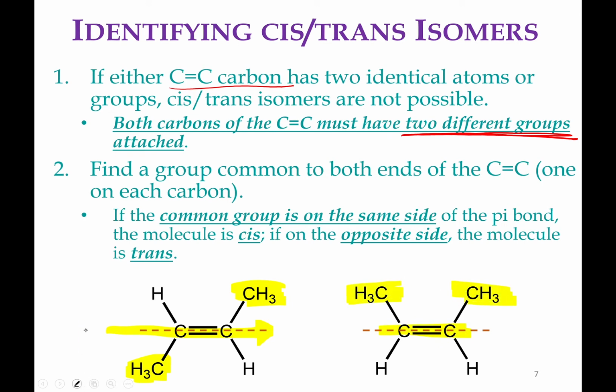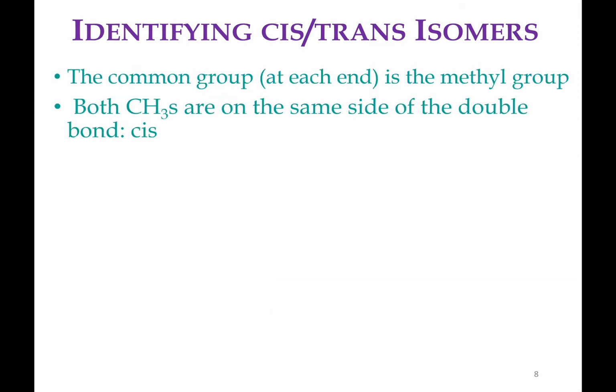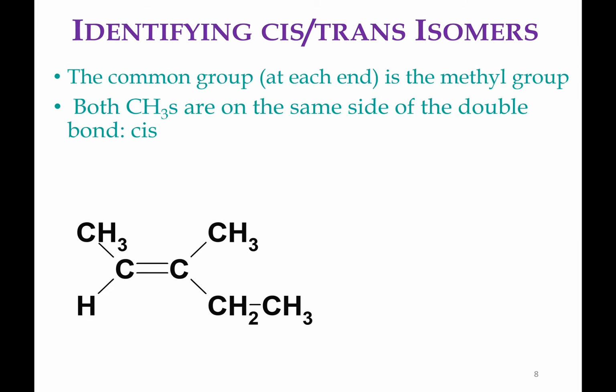So we have cis and trans. So the common group at each end is the methyl group here and here. Neither of these carbons has 2 identical groups.